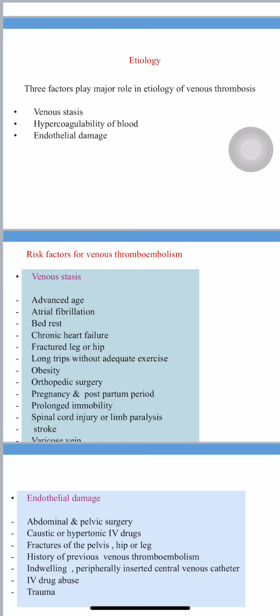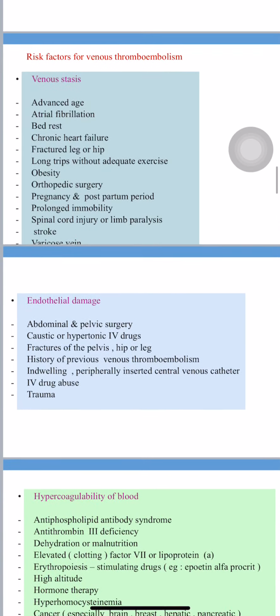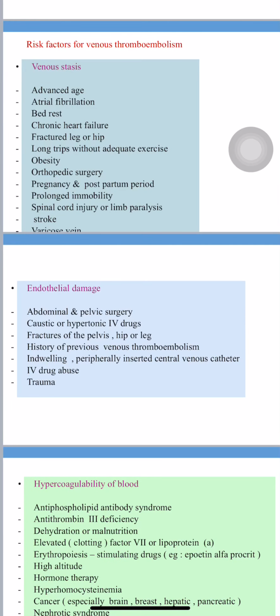Conditions which may result in venous stasis include advanced age, atrial fibrillation, bed rest, chronic heart failure, fractured leg or hip, and long trips without adequate exercise. Next, obesity and orthopedic surgery, pregnancy and postpartum period, prolonged immobility, spinal cord injury with limb paralysis, stroke, and varicose vein. These are all the predisposing factors that lead to venous stasis.